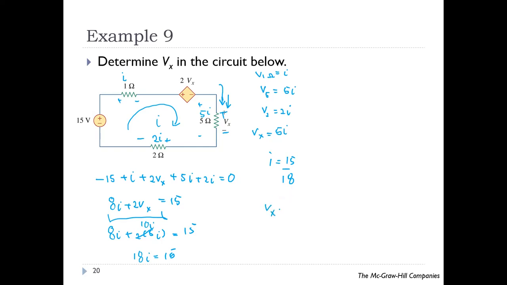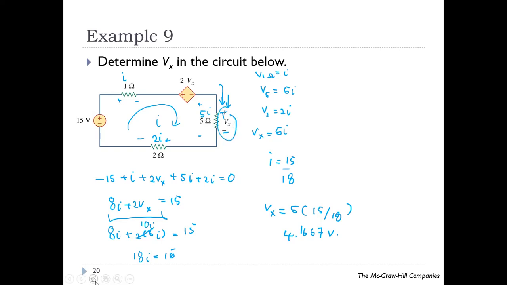Therefore, your Vx is equals to 5 times 15 over 18, which is equal to 4.1667 volt. Or let's see, in this example, Vx is labeled here.